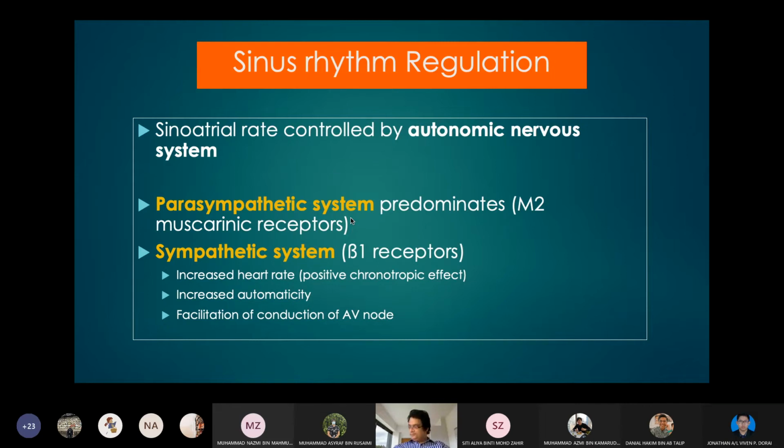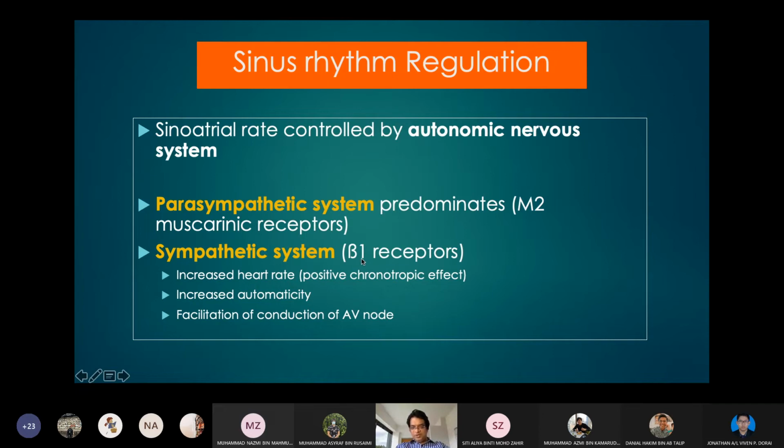Some brutal thing, they will put a cover and take your consent that you are not a weak heart person. What does it mean? It means some people may be more dominant with the parasympathetic system. When you get scared, suddenly our heart stops. Why? Because at that time there is M2 overstimulation.